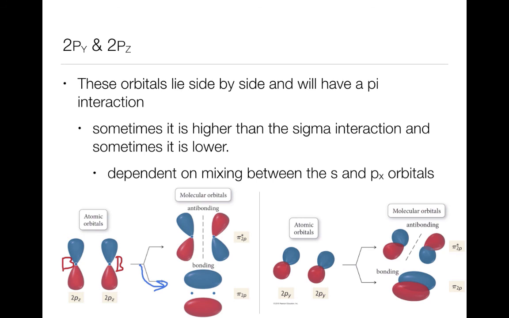Then we've got our anti-bonding up here, and essentially what that does is it subtracts out the region between those lobes, and they end up with different phase. There are lots of different ways you can look at that, but we do have a node between the atoms there, and so that's our anti-bonding. We get the exact same thing with our 2py orbitals. Again, you can imagine boron there and boron there, and so you get bonding in a different plane and anti-bonding in a different plane.